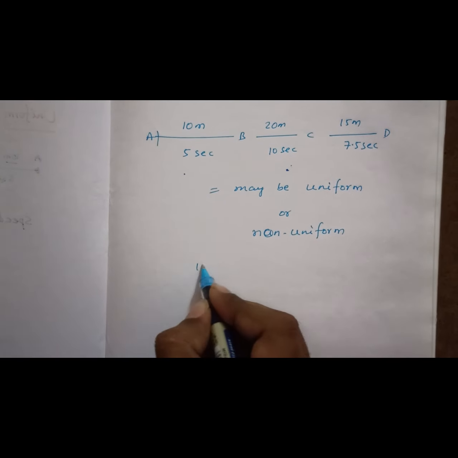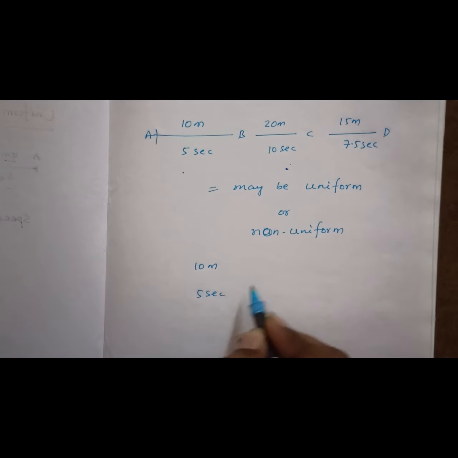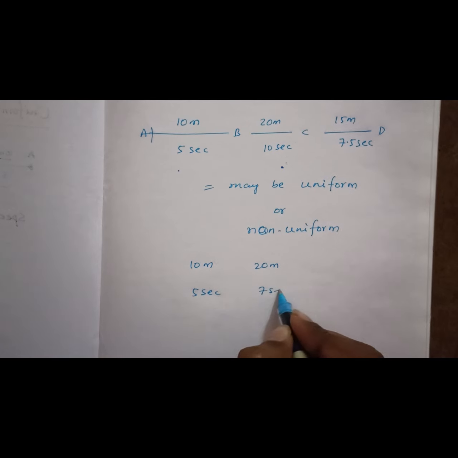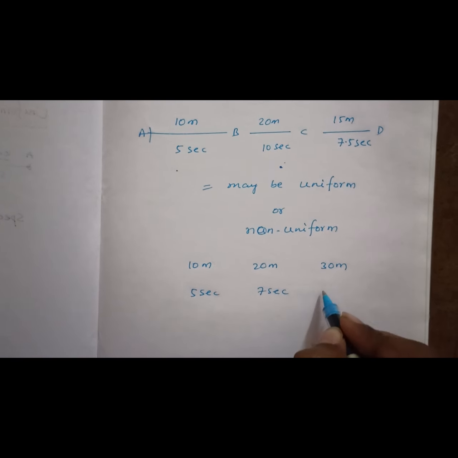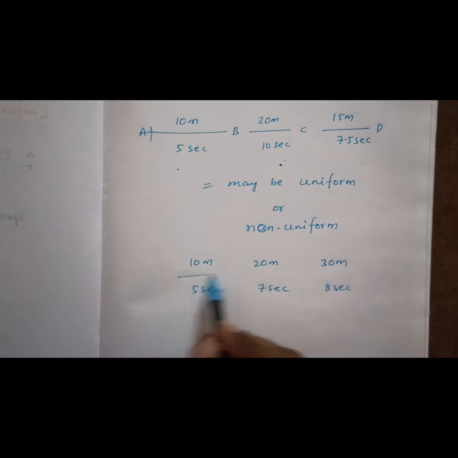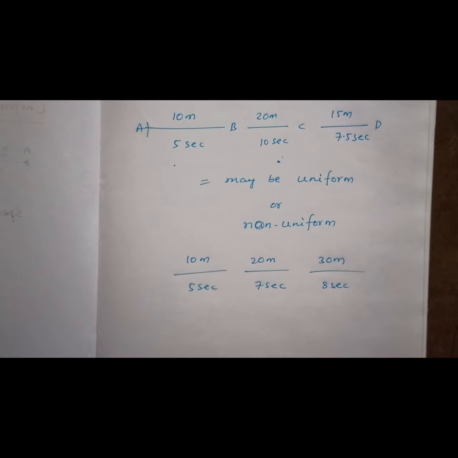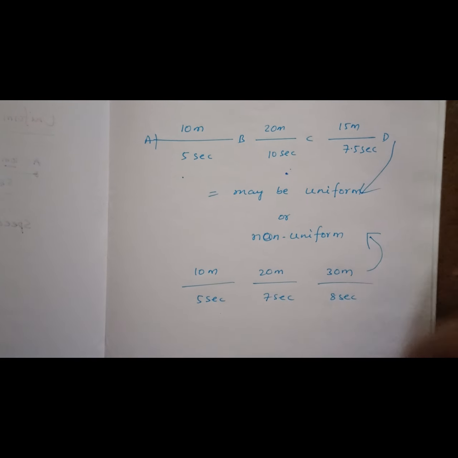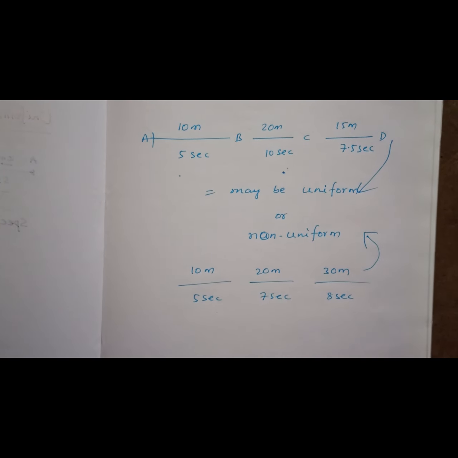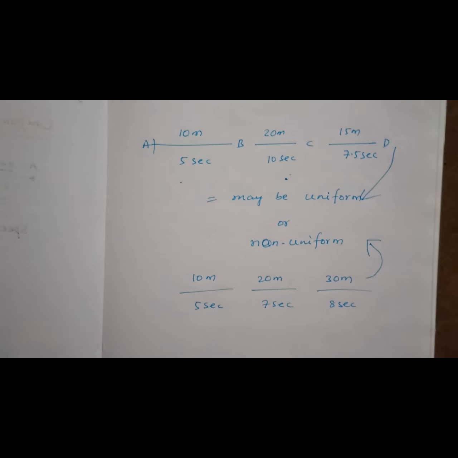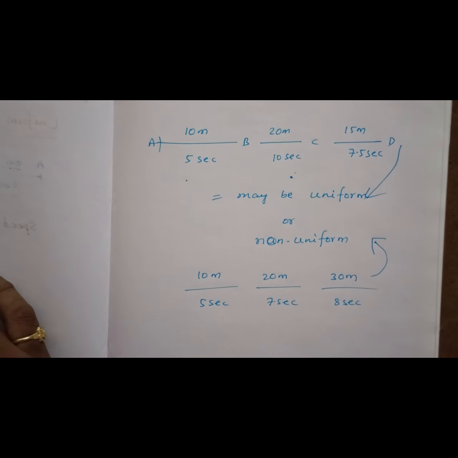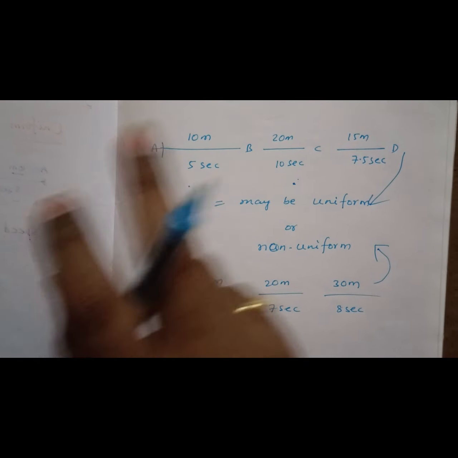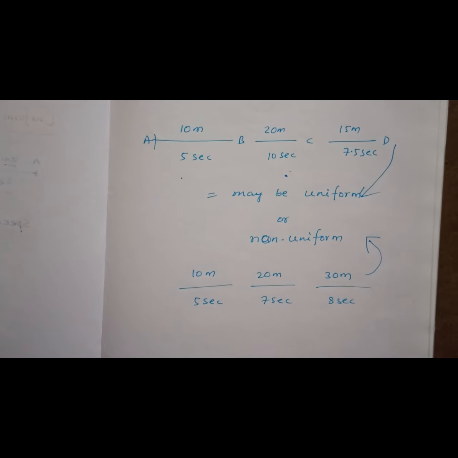Now if it is 10 meters in 5 seconds, 20 meters in 7 seconds, 30 meters in 8 seconds, here it is non-uniform. Earlier it was uniform. So if both are unequal, based on the situation we should say, not with the definition. If either one is unequal, it will be non-uniform. If both are equal, it will be uniform.